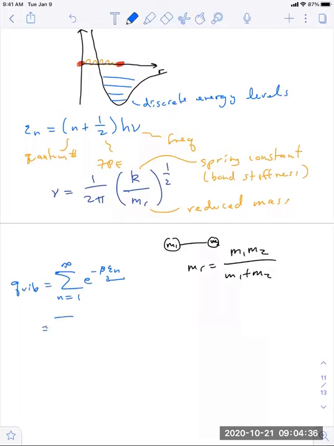So we know what that looks like. And we can remove this term that has to do with the 1/2 because it's just a constant.